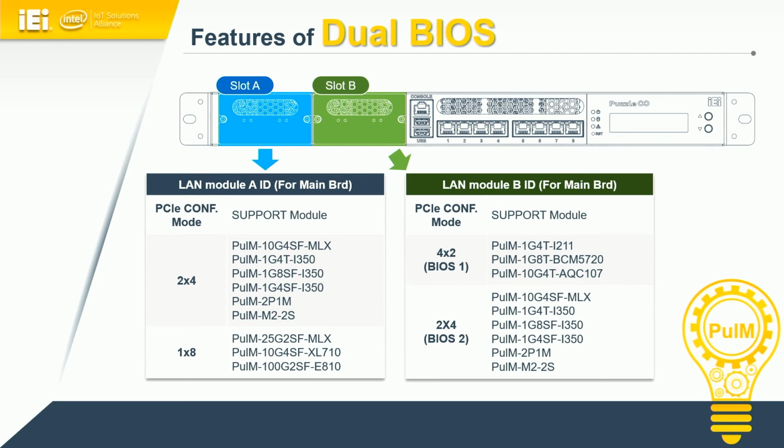And you can select PulM modules such as PulM 10G 4SF or 1G 4O. So the PulM module is your ideal choice for your smart NIC card.